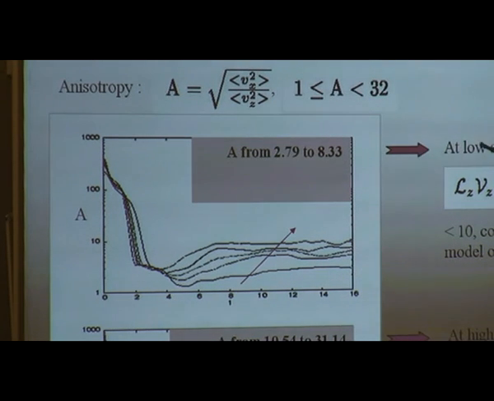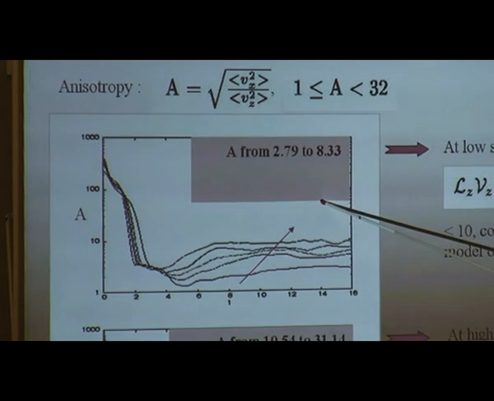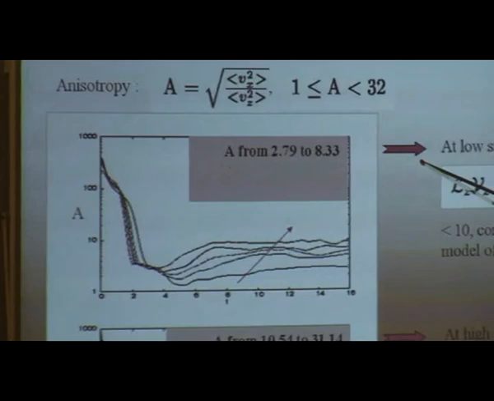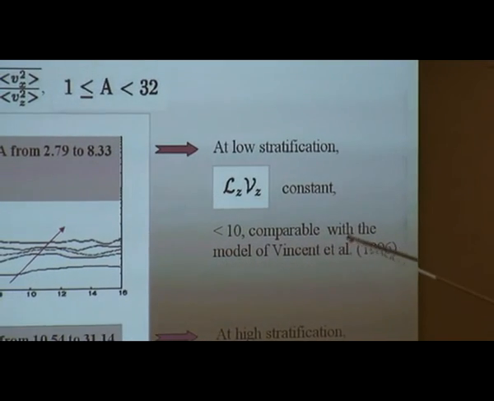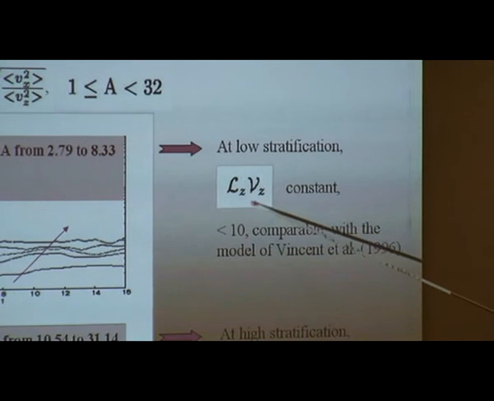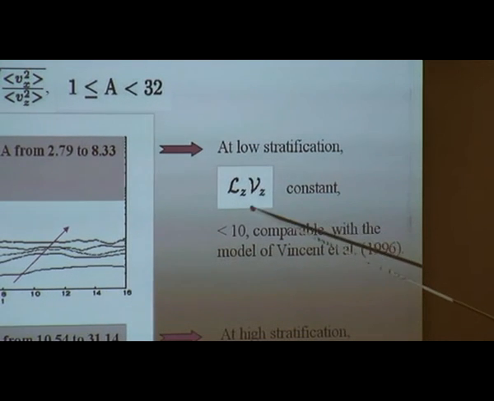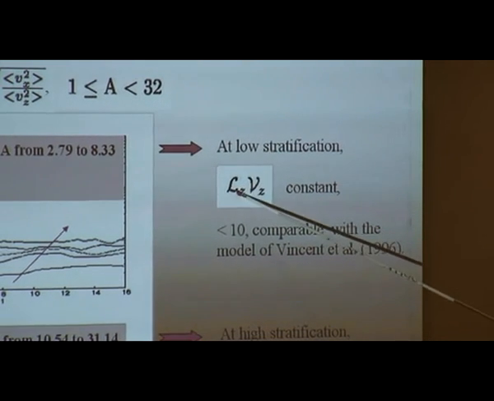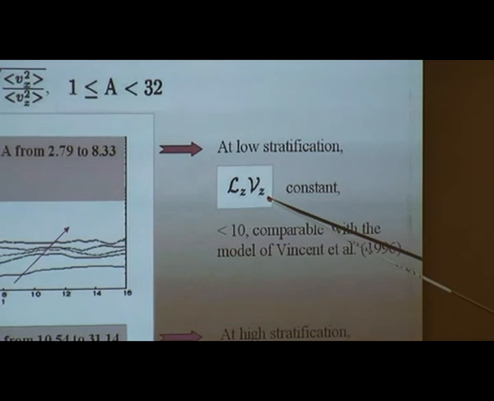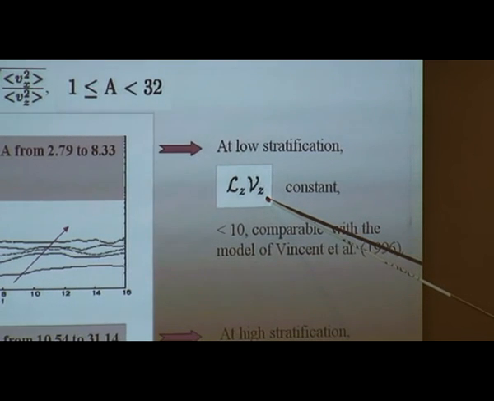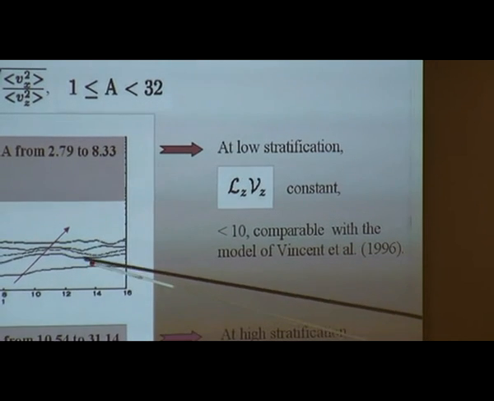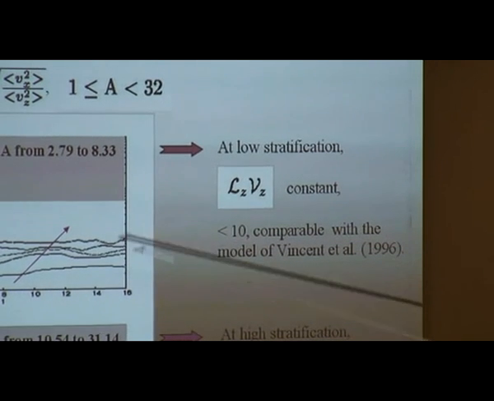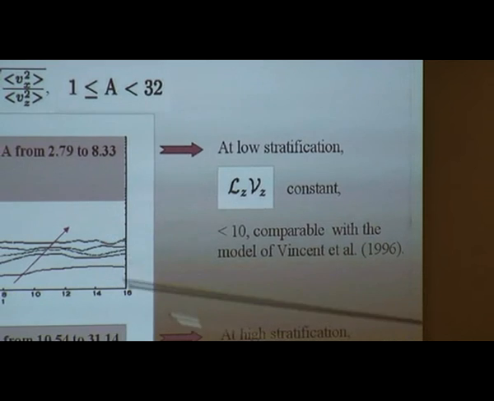What we observe is that for the first 5, our simulations are quite similar to the simulations of Vincent et al. In particular, the product SZ. We also defined a vertical length scale and a velocity scale, inspired by the classical definition, and adapted to this space-time box.